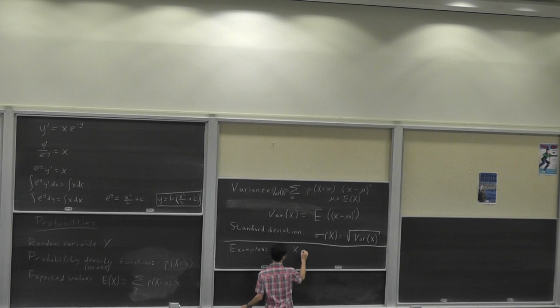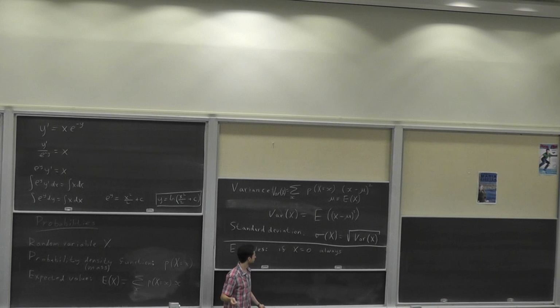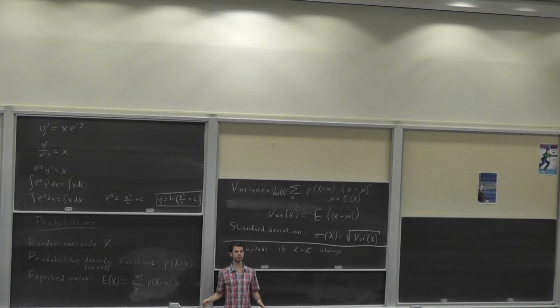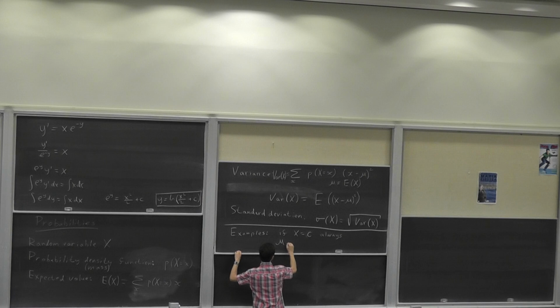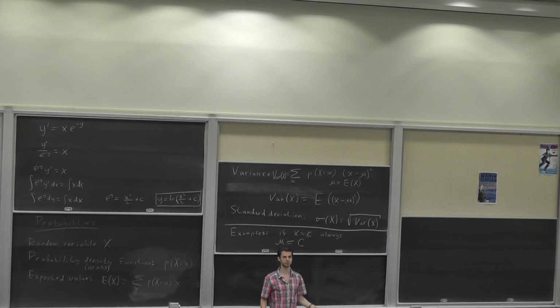If x is equal to some constant C always, so if your variable just doesn't depend on the outcome of your event, like in an experiment where you toss a coin and it doesn't affect how much you get, you always get the same amount, C. So in this case, the average outcome is still C. The expected value is C. It's basically C times 1.